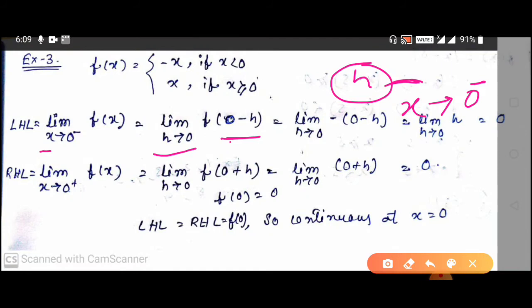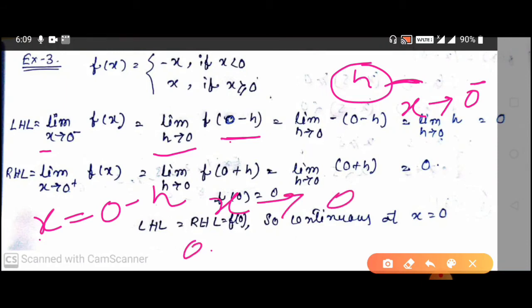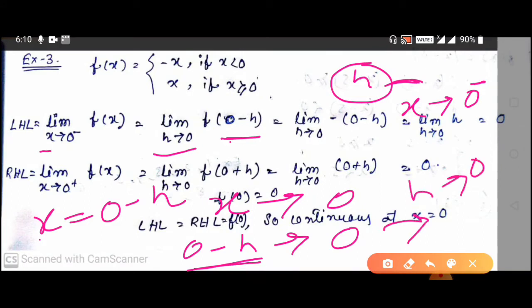Whenever we write x equal to 0 minus h and x tends to 0, then 0 minus h will also tend to 0. Whenever 0 minus h tends to 0, from here we can write h tends to 0.